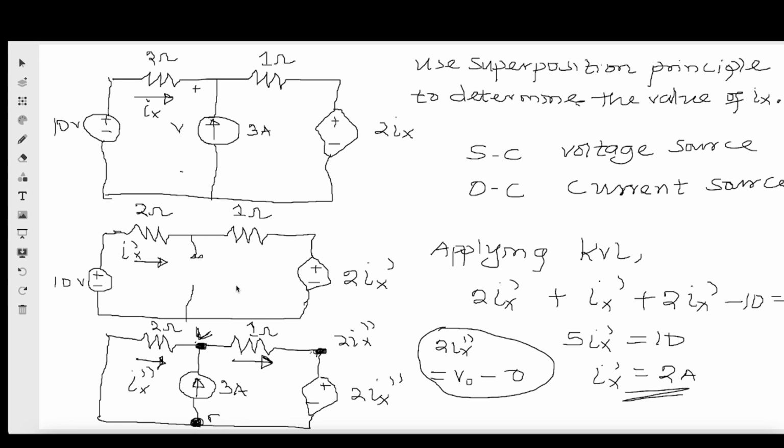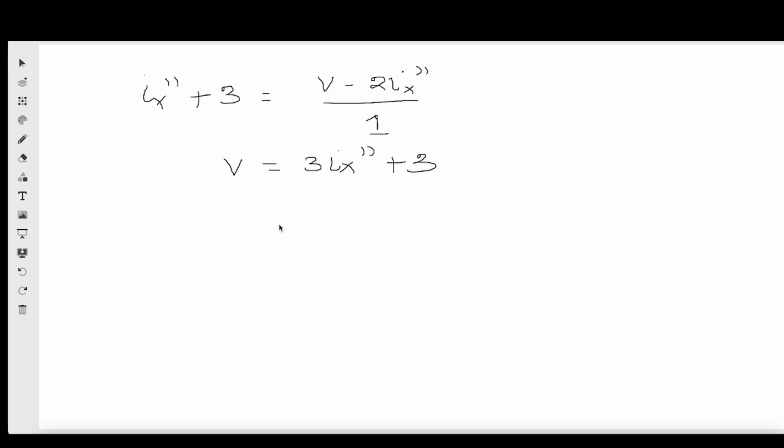Ohm's law: I is equal to V over R. So the potential difference between the two terminals is 0 minus V, divided by the resistance 2. That's minus V over 2. So Ix prime prime is equal to minus V over 2, which means that V is equal to minus 2Ix prime prime.